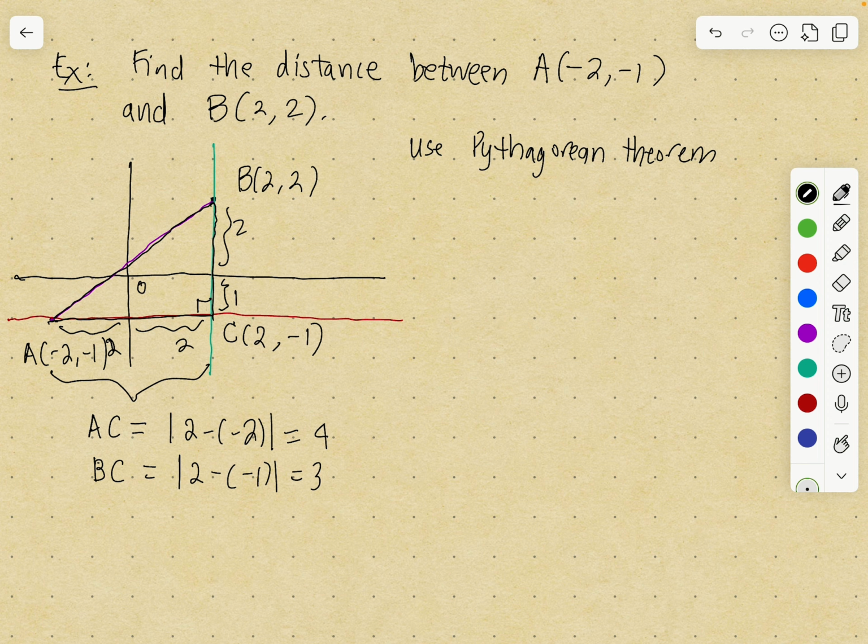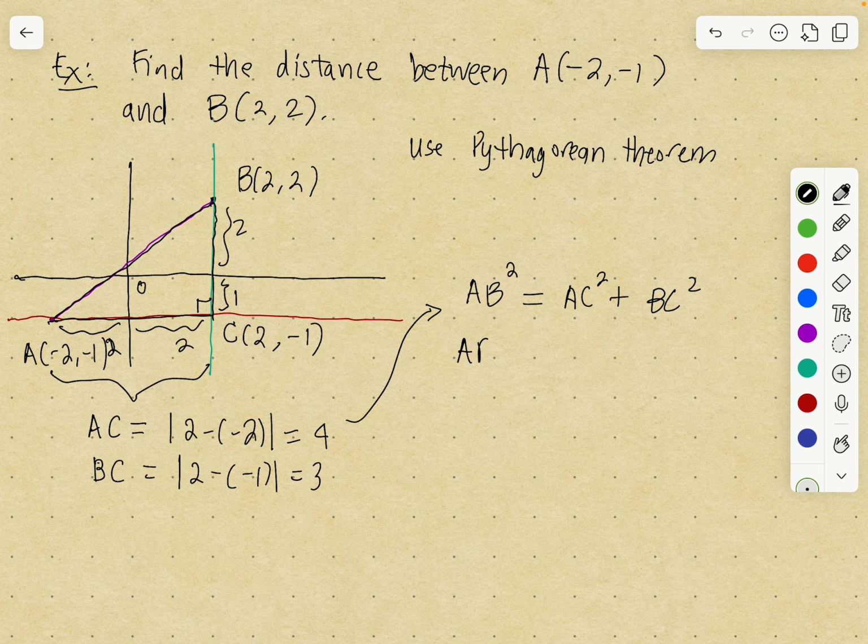So by the Pythagorean theorem, the hypotenuse is AB. When I square it, that's the hypotenuse squared, that's AC squared plus BC squared.